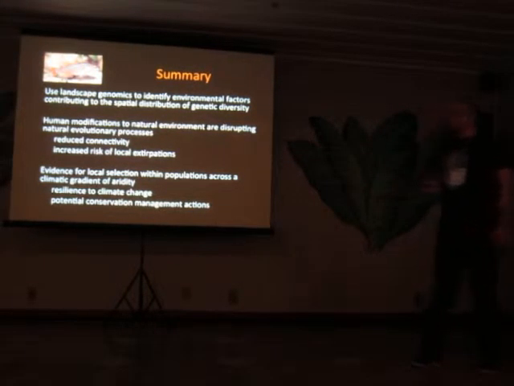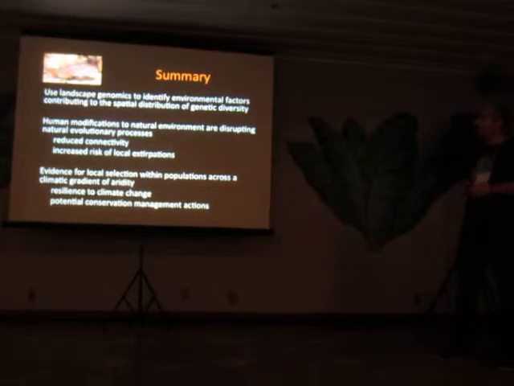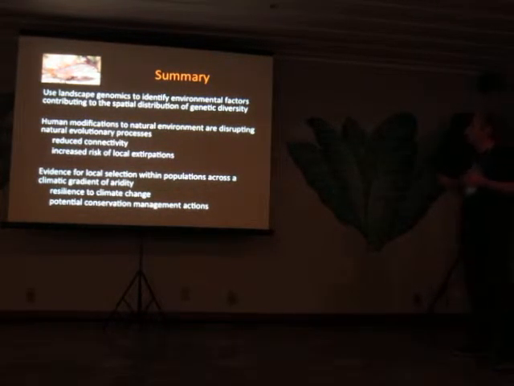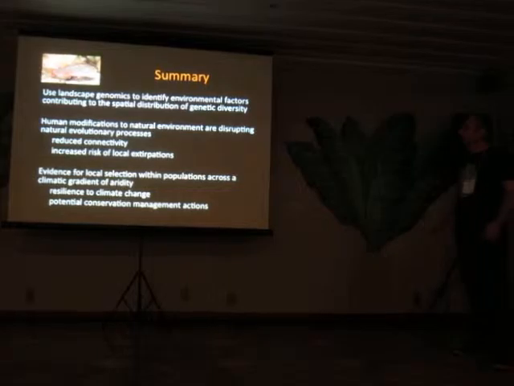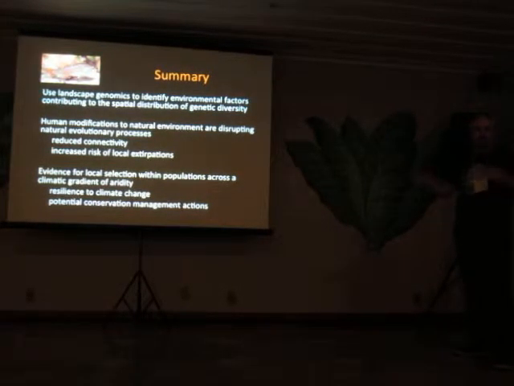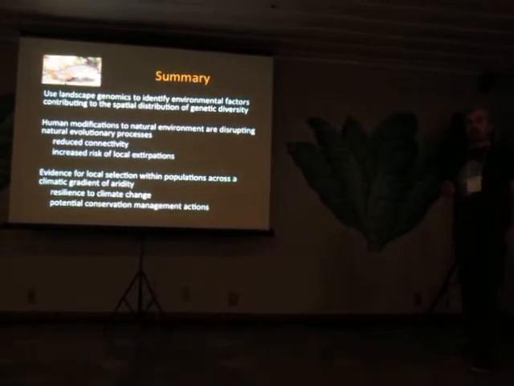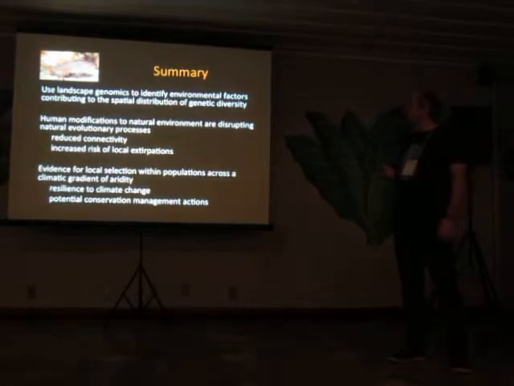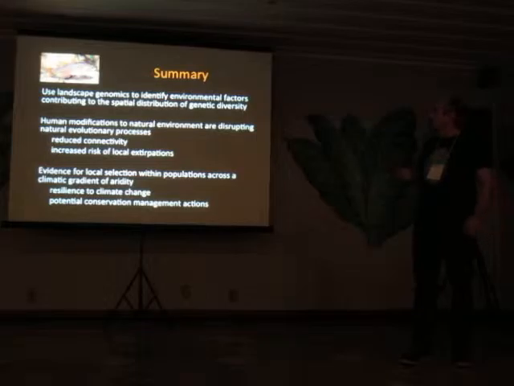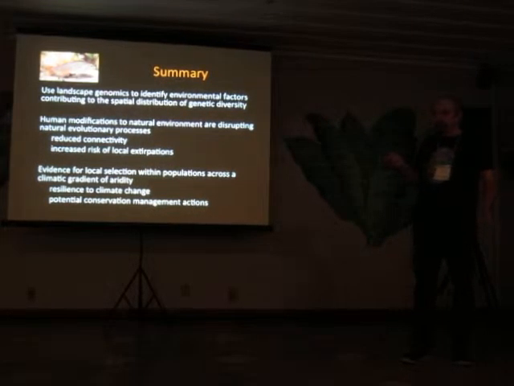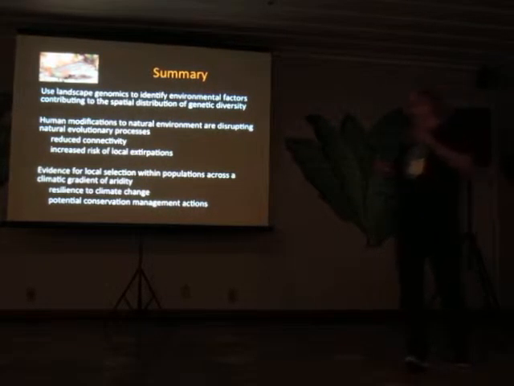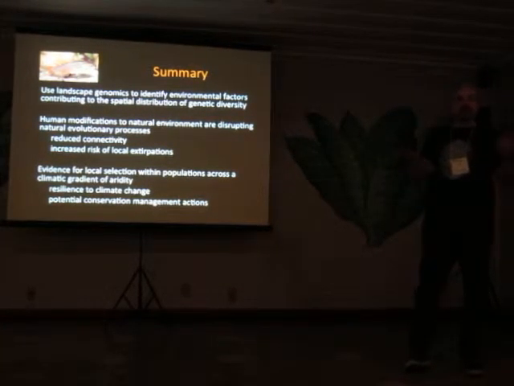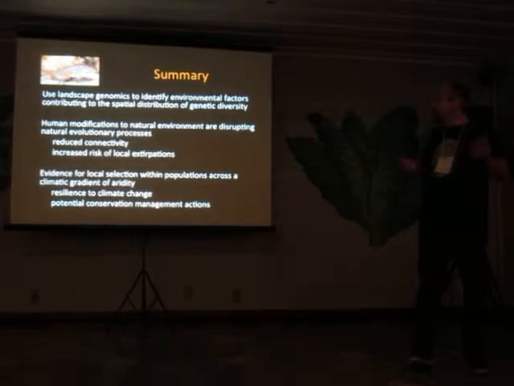So just to sum up, basically I'm using a landscape genomics framework to try and identify environmental factors that are contributing to the spatial distribution of genetic diversity. I think, as I said, this is all really preliminary stuff, but we do seem to have some support for the idea that human modifications to the flow regime are probably disrupting evolutionary processes such as connectivity and gene flow.